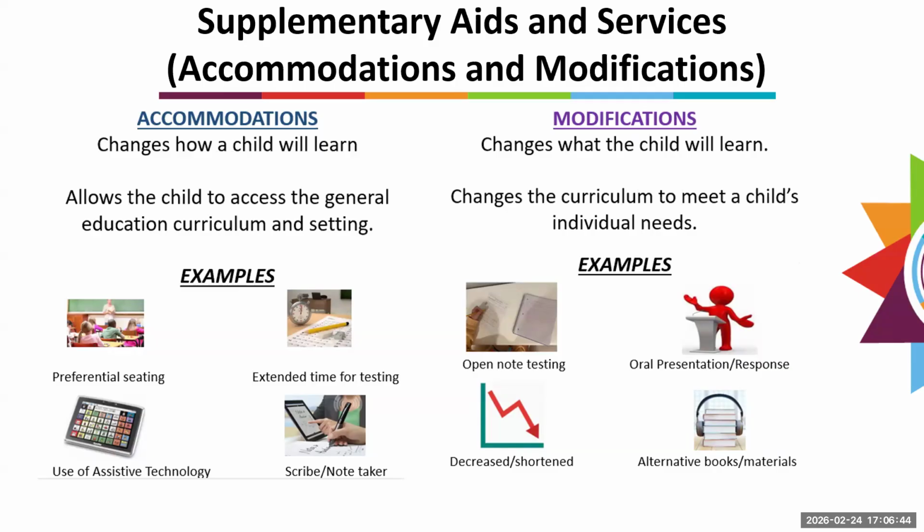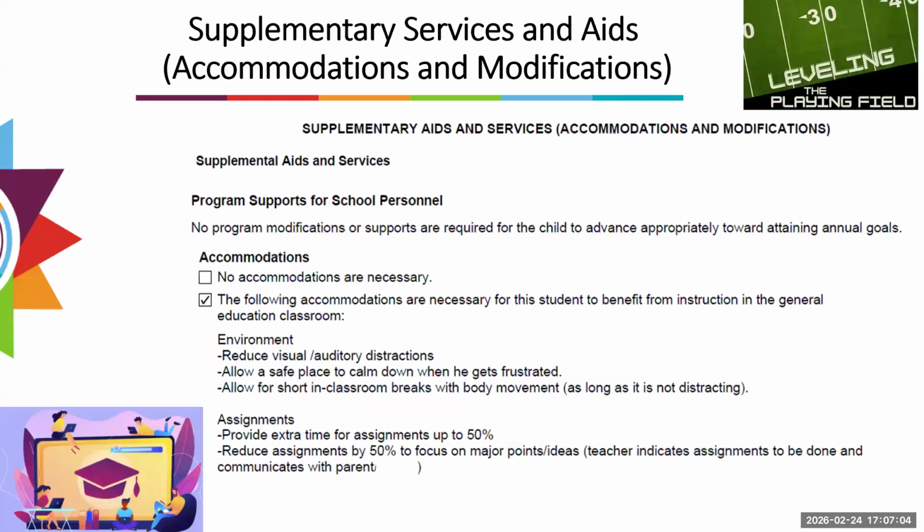Modifications change what the child will learn. It changes the curriculum to meet a child's individual needs. Some examples are open note testing, oral presentation or response, decreased or shortened assignments, alternative books or materials. And this is an example of what it may look like on your child's IEP.